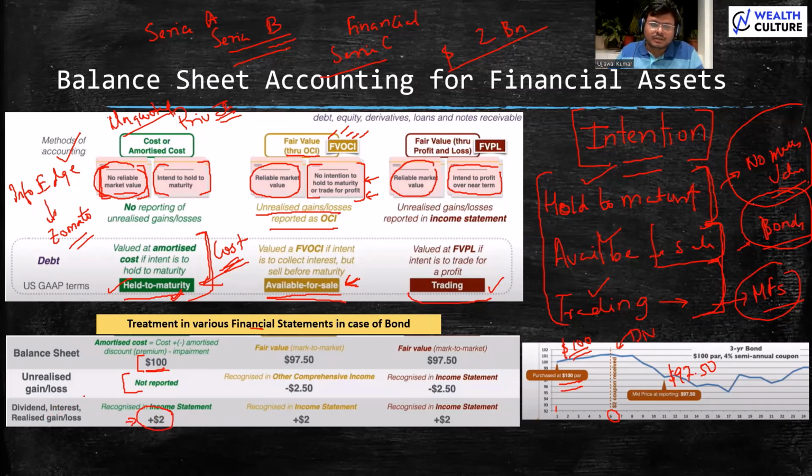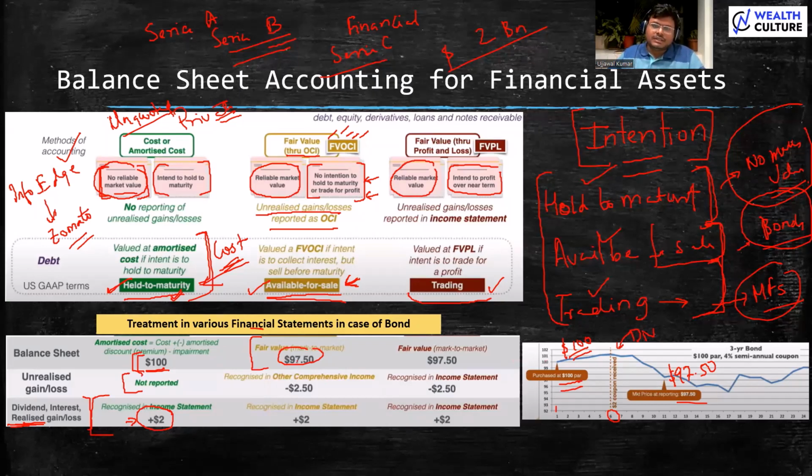So any dividends or interest or realized gains or losses, remember, these are realized gains or losses, will show up on the P&L. On the balance sheet, the value will stay as it is, $100, because we've classified this as held to maturity. Now, if we had classified this bond as available for sale, then on the balance sheet we have to record it at the fair value, which is 97.5 on the date of writing this balance sheet.